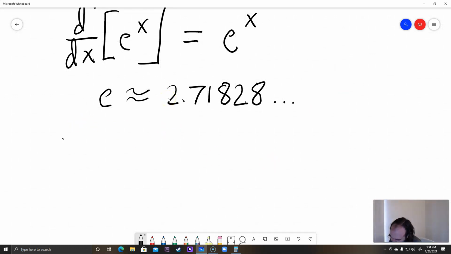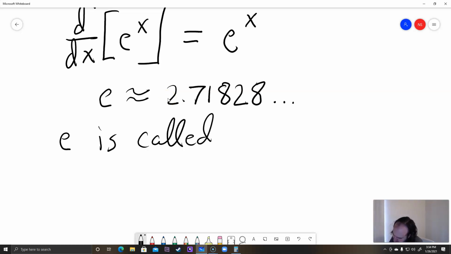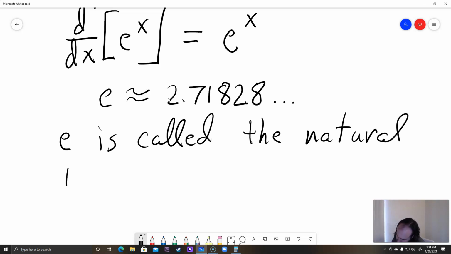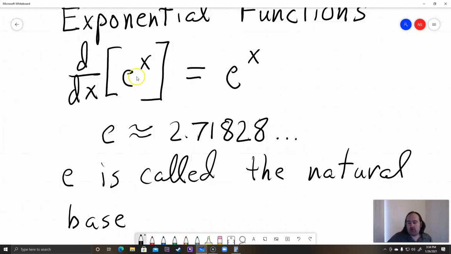So e is called the natural base, and remember that a natural logarithm, ln of x, actually has a base of e as well.